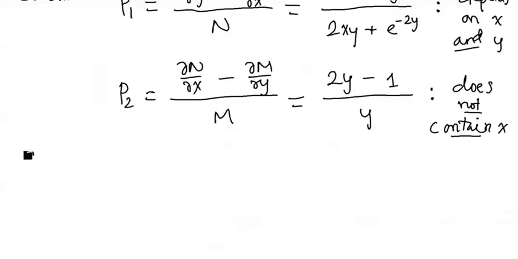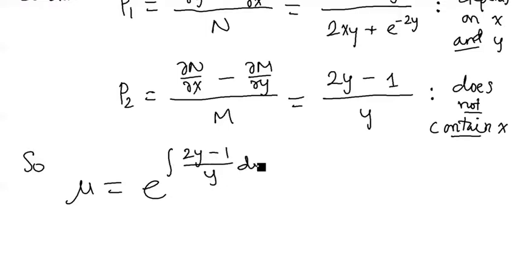So the integrating factor will be e to the integral of 2y minus 1 over y dy in this case. How to compute this integral? We need to split it into 2y over y, and then minus 1 over y dy.